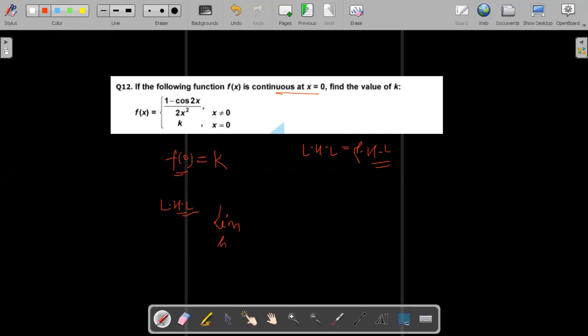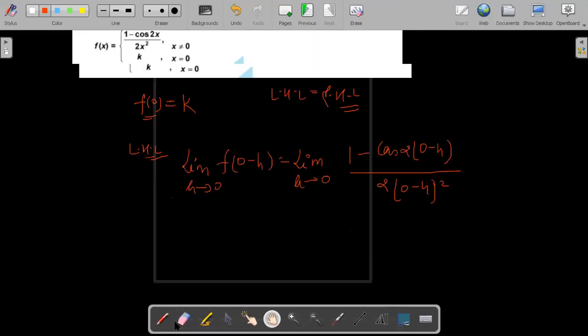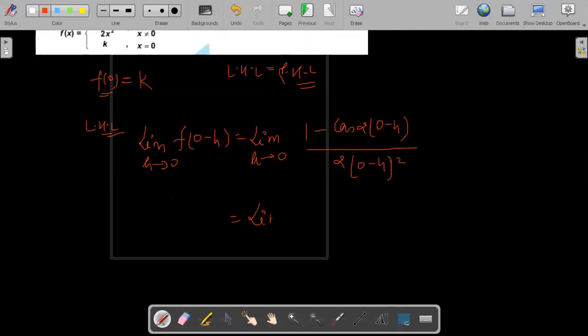Let's take the LHL: limit h tends to 0 of f(0 minus h), which is 1 minus cos 2(0 minus h) upon 2(0 minus h) whole square. This gives limit h tends to 0 of 1 minus cos of minus 2h divided by 2 times minus h square, that means 2h square. Correct?